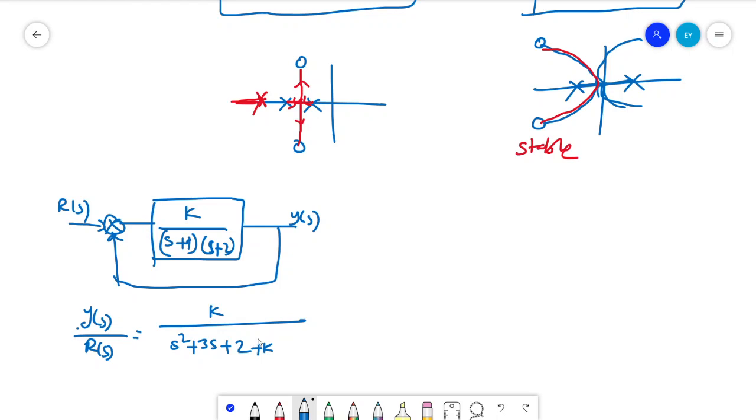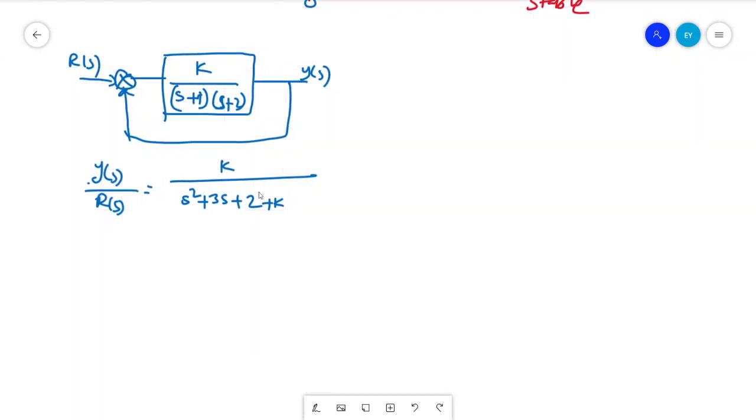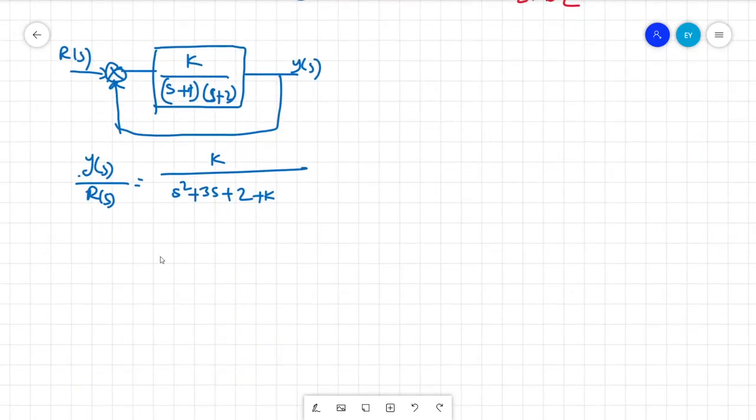So what we need to do is take this denominator, which is nothing but the characteristic equation, equate it to 0, and choose any value of k such that these roots are on the left half of the S plane. Characteristic roots should be on the left half of the S plane to make the system stable. But at the same time, to reach the desired specification, we have to manipulate this k. Okay, so if you take roots for this, how can I write the roots?